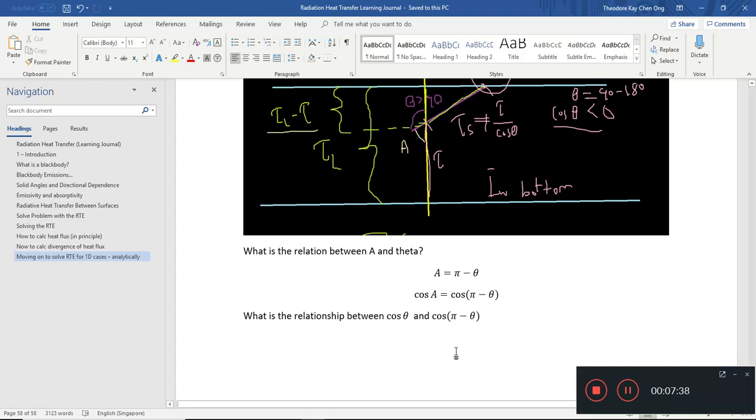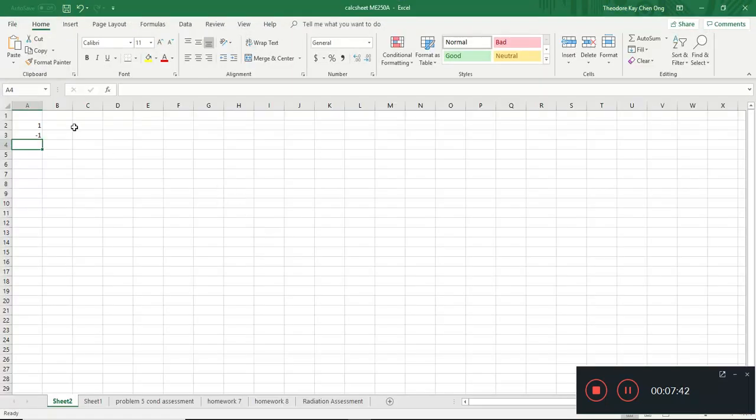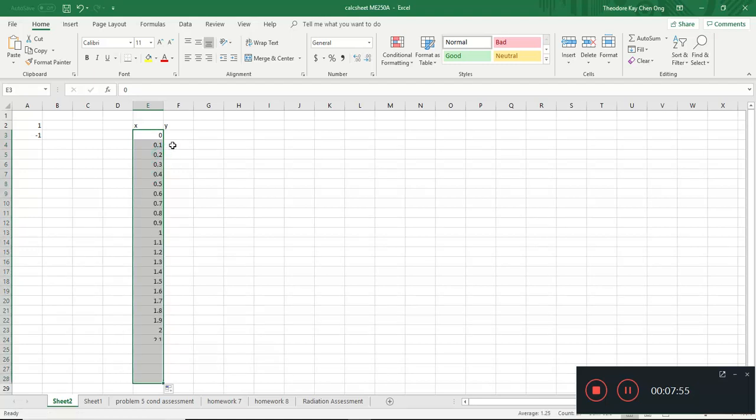If we take a look at a cosine graph, so x, y, let's put 0, 0.1, 0.2.